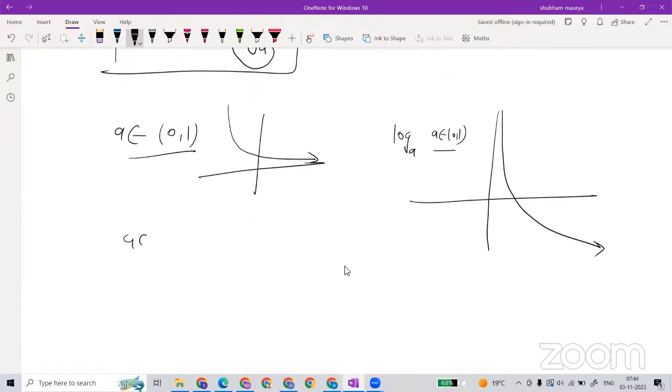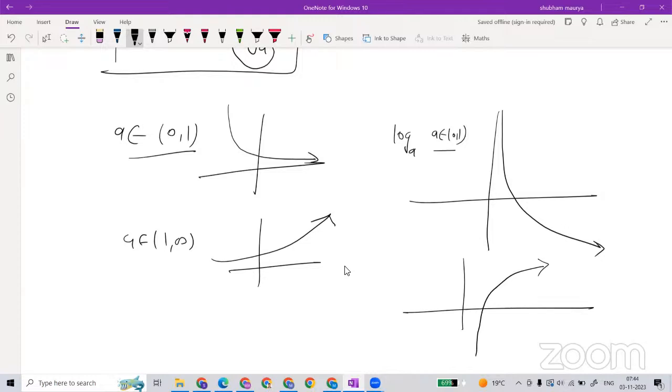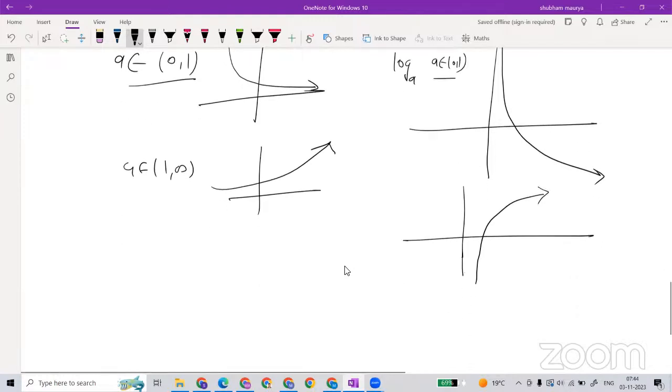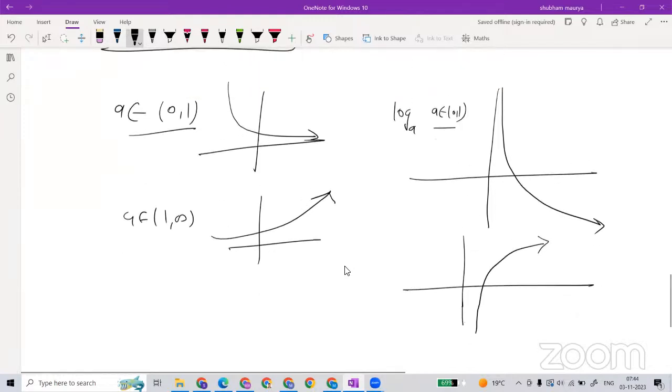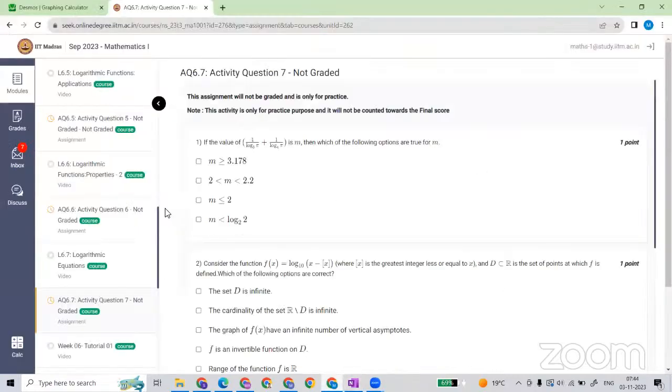And if a belongs to 1 to infinity, then the graph is like this for the exponential, so the logarithmic graph will be like this.